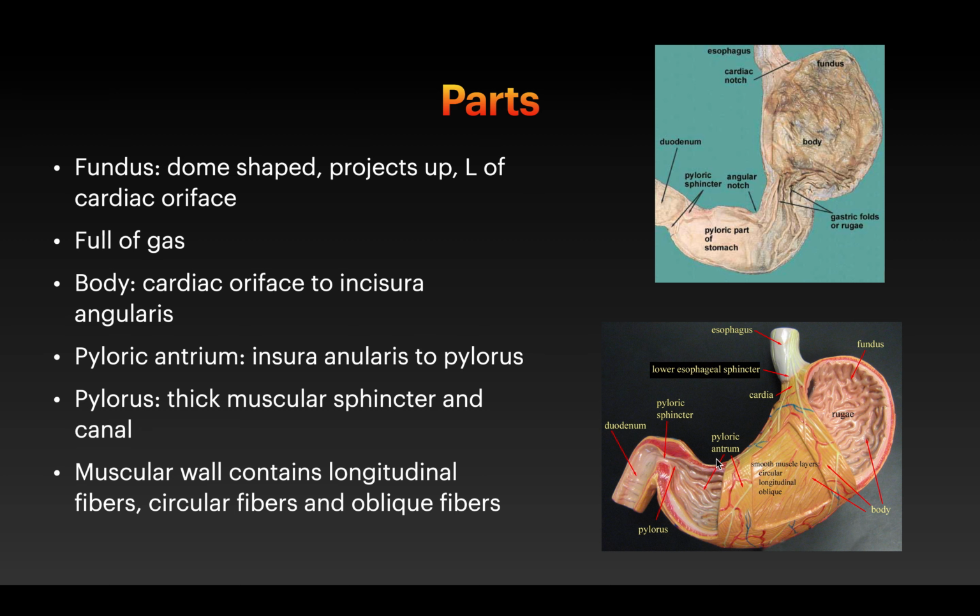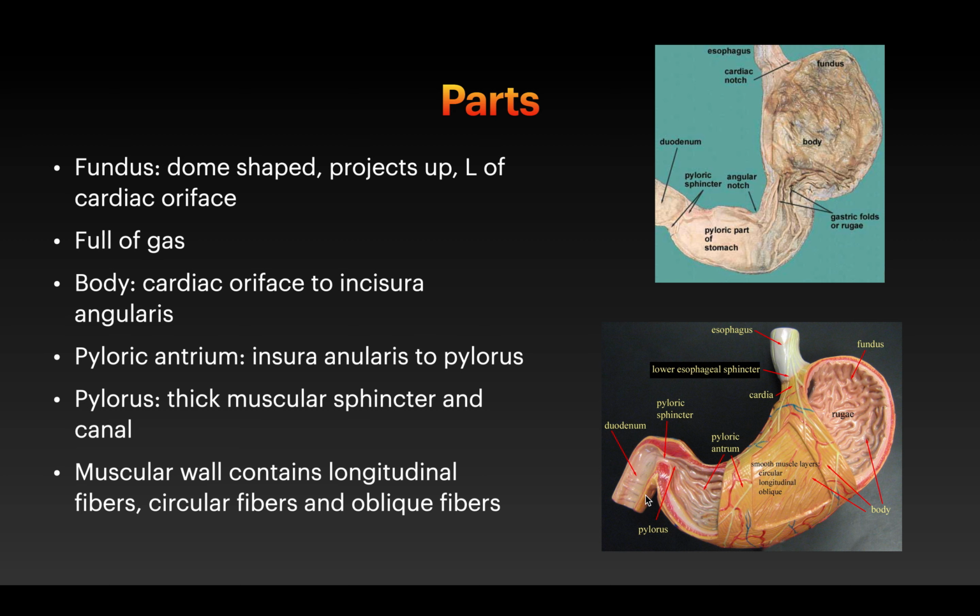So the fundus is going to be the topmost part of the stomach, and it is going to be full of gas because gas rises up. The body itself is going to be from the cardiac orifice to the incisura angularis. So the incisura angularis is right around here. It just means that it's always going to have that little angle.